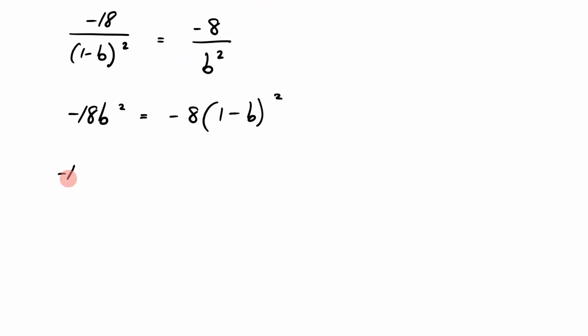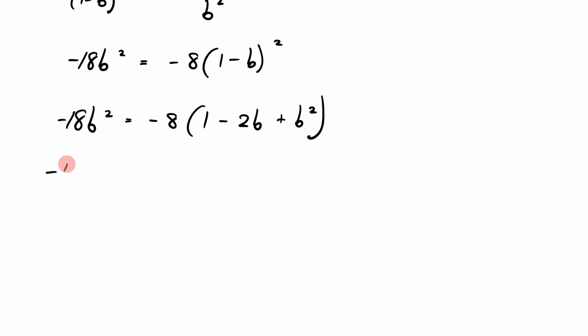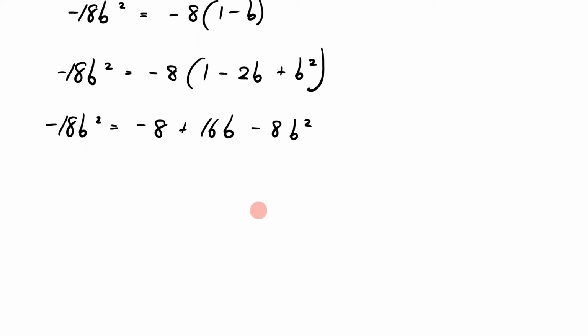Then I'm going to get negative 18b squared is equal to negative 8 (1 minus 2b plus b squared), close that, which is going to be negative 18b squared is equal to negative 8 plus 16b minus 8b squared. Then I'm going to rearrange this a bit. So I'm going to plus 8b squared over.